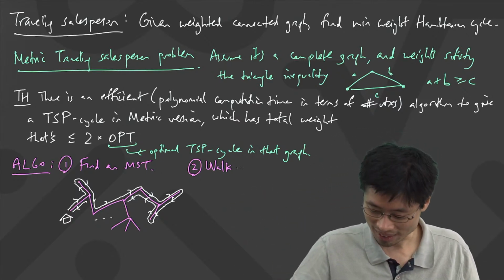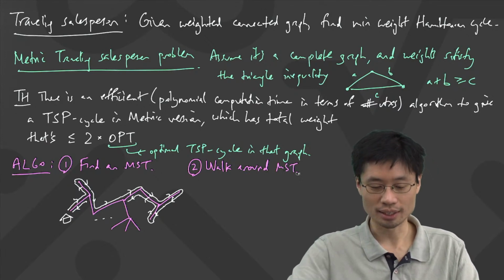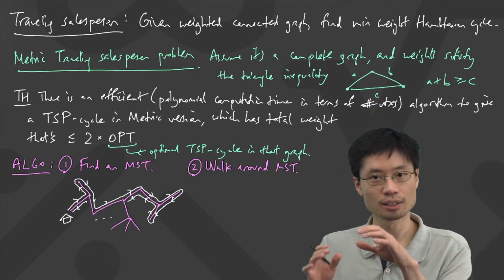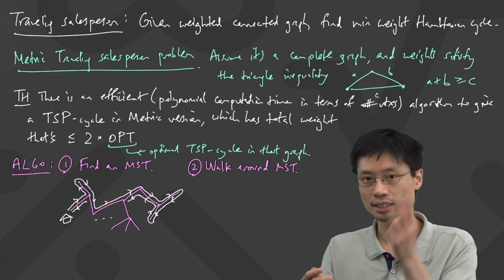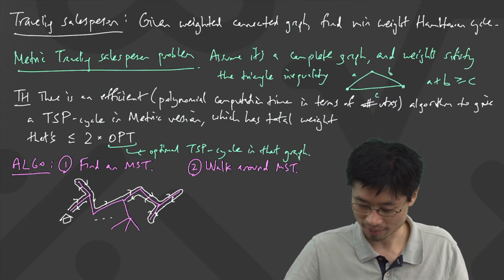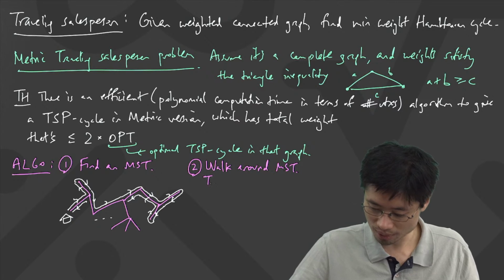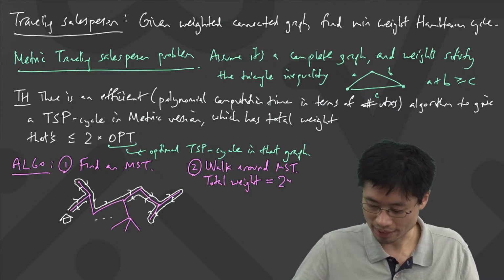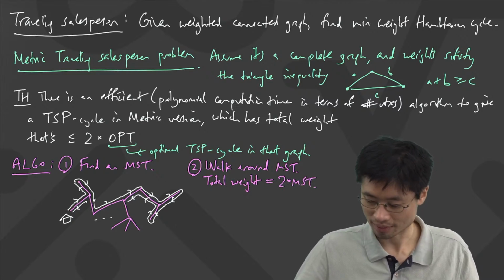Well, there's an important thing here, which is that the total weight you've just taken is exactly twice the weight of the MST. Your total weight is equal to twice the MST's weight.